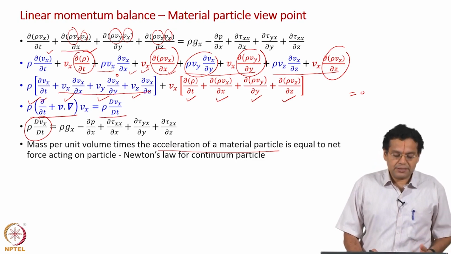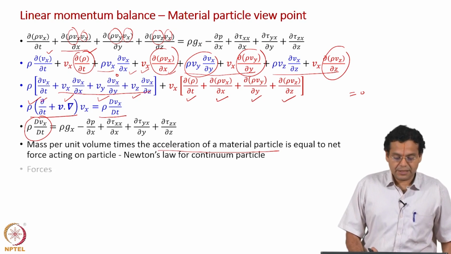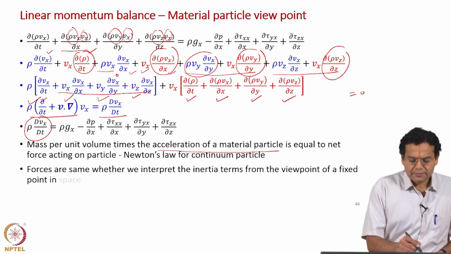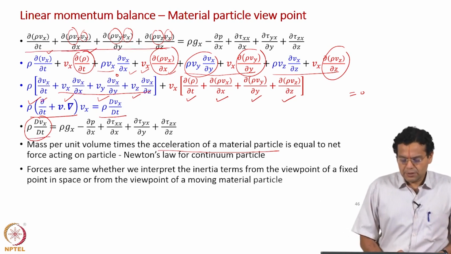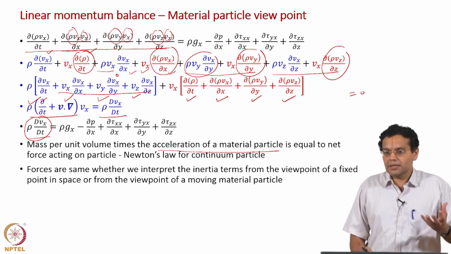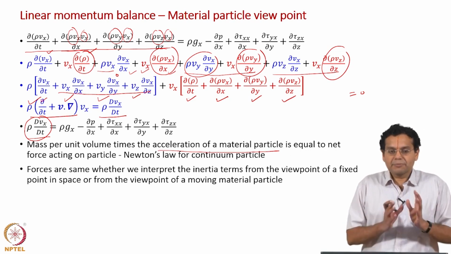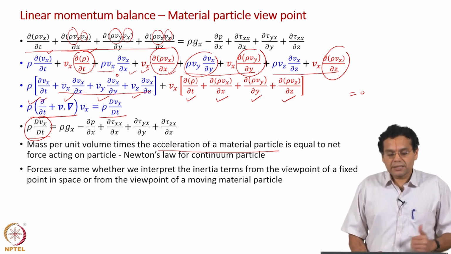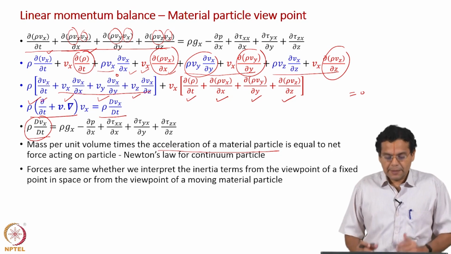And one more observation is that the left hand side terms are all called the inertial terms. Independent of how you view the inertial terms, how did we view them in the first instance? It is based on a fixed control volume. The second time we interpreted the inertial terms in terms of a moving fluid particle or a material particle.